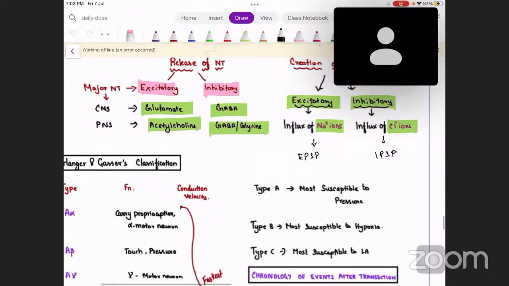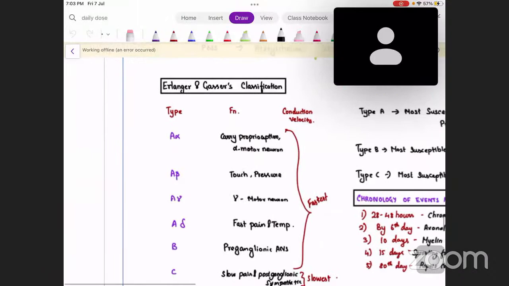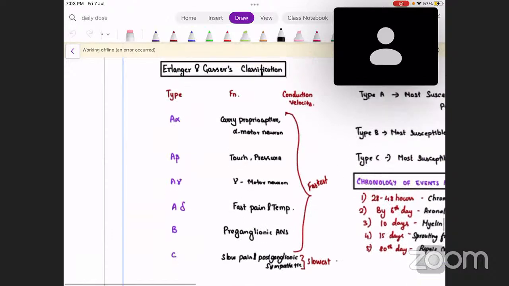Then what are the types of nerve fibers we have? We have a variety of nerve fibers, classified under a special classification called Erlanger and Gasser classification. Quite an important classification that you have to remember.